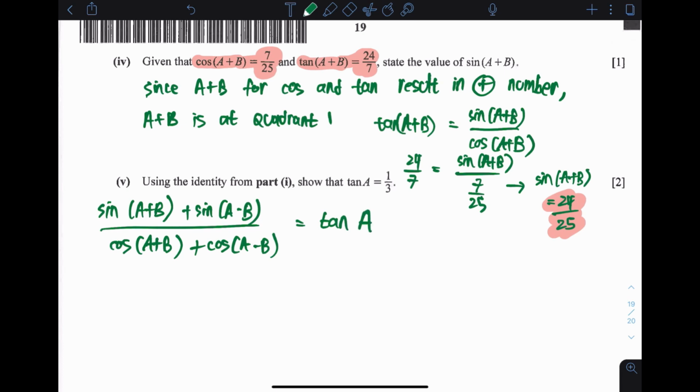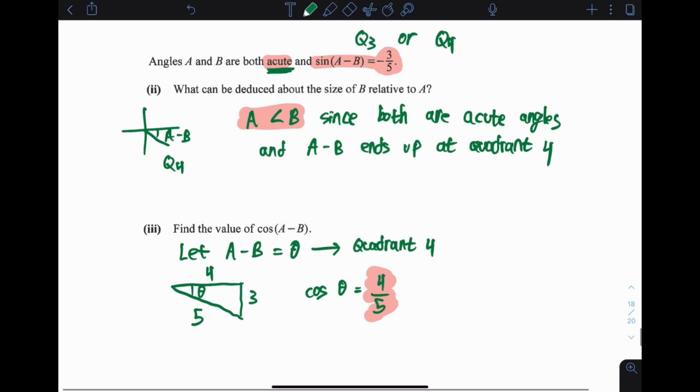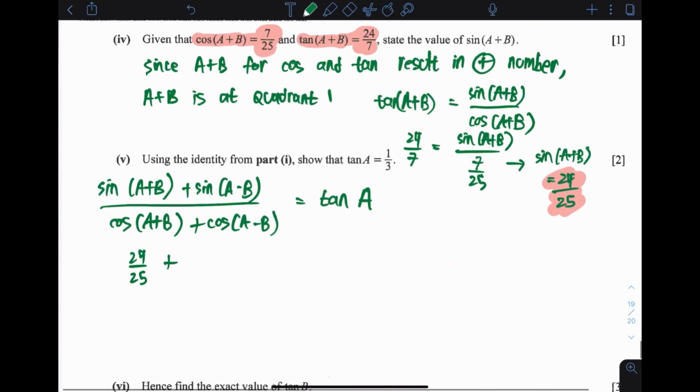So we are using the answers from part 4. Sine of A plus B is 24/25. Sine of A minus B, we have it earlier, is negative 3/5, correct? So let's just put it down, negative 3/5. Cosine of A plus B, from part 4, is 7/25.